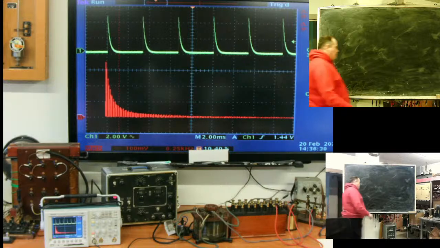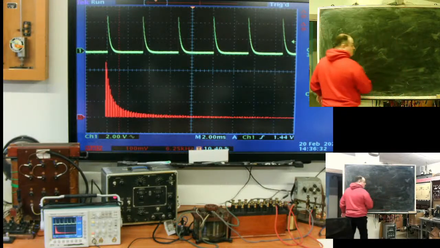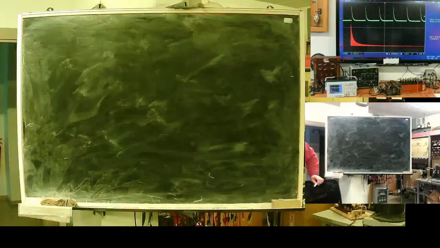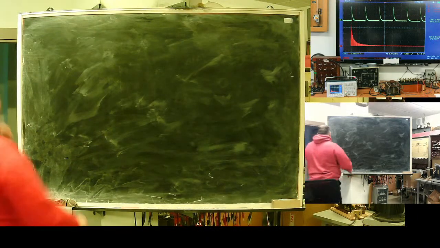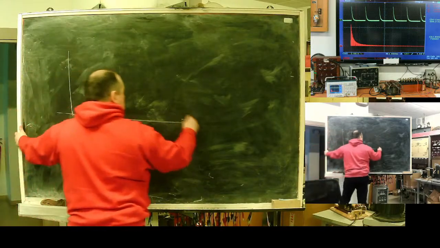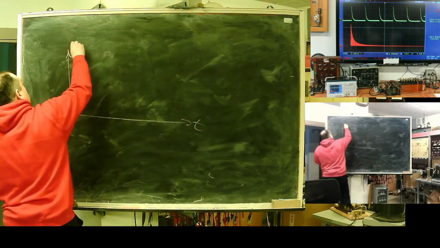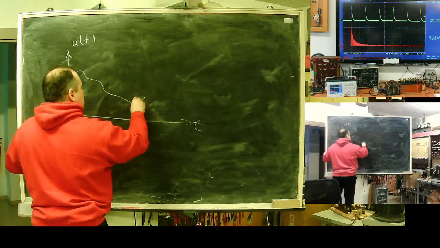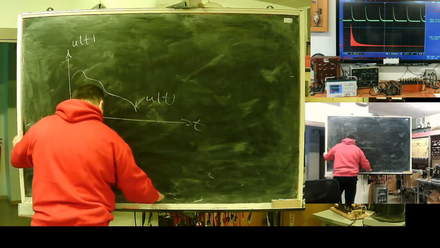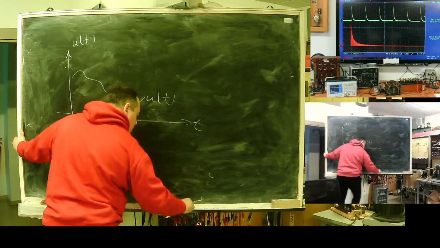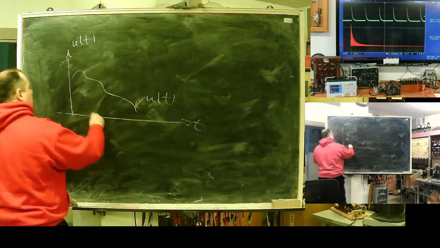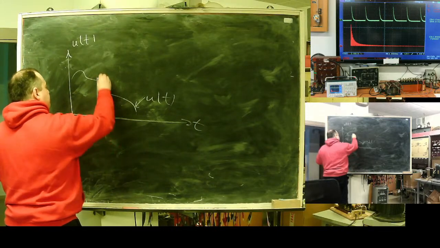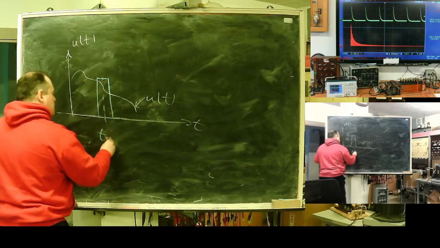Can we take into consideration, let's say we have some time function, something. And I would like to multiply it by P0.